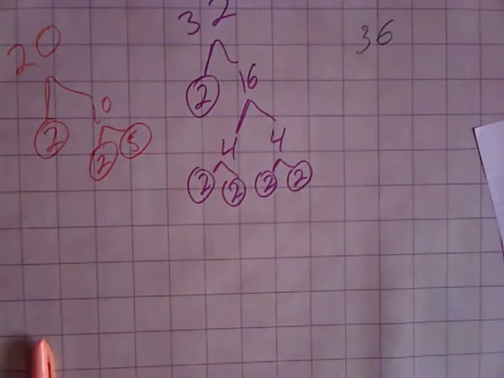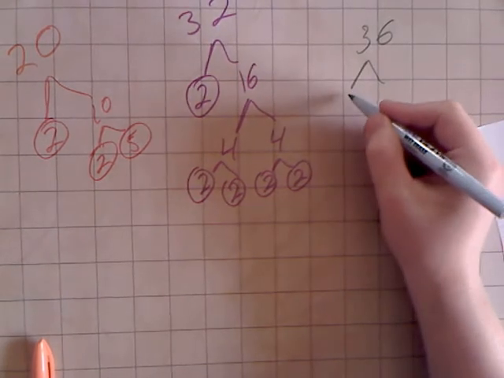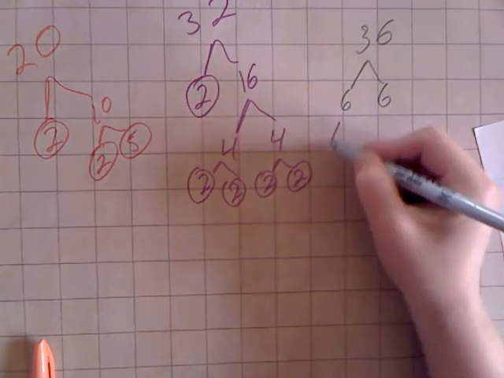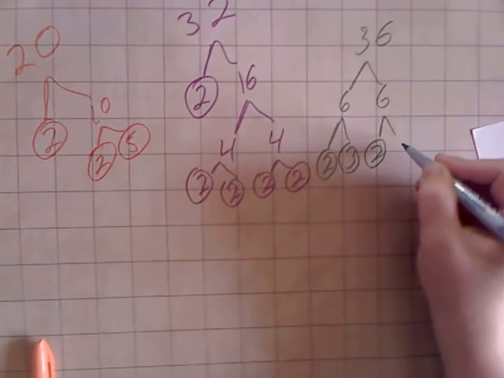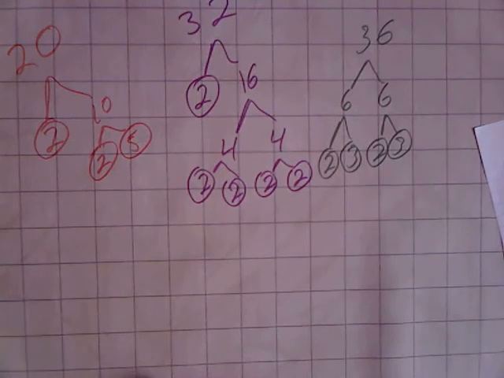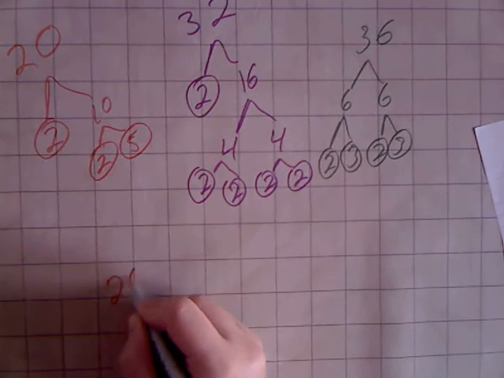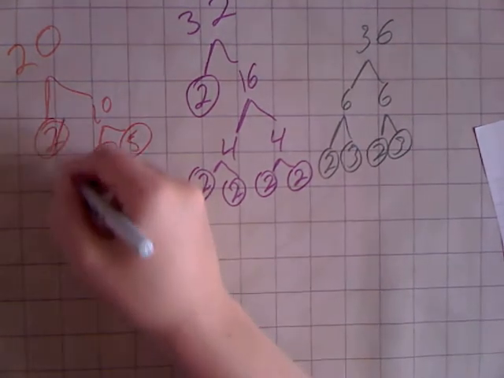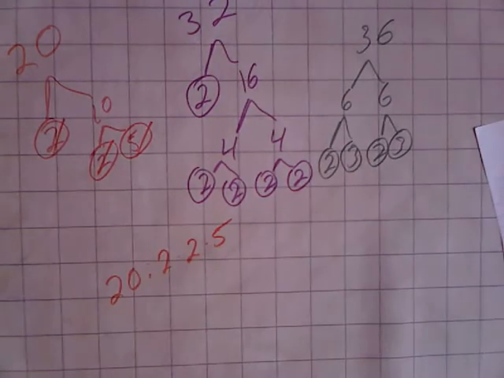Then we're going to look at 36. Well, I know that 6 times 6 is 36. So we're going to do 6 times 6, and each 6 is going to break down to 2 times 3. Now our next step is that we are going to list our factors. So for 20, we're going to list 2, 2, 5, 2 times 2 times 5.